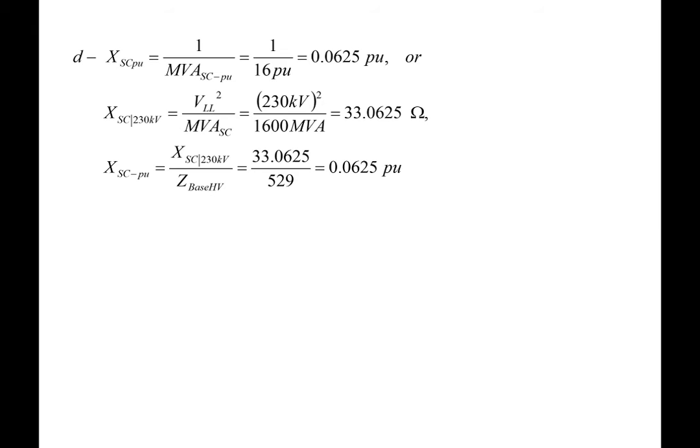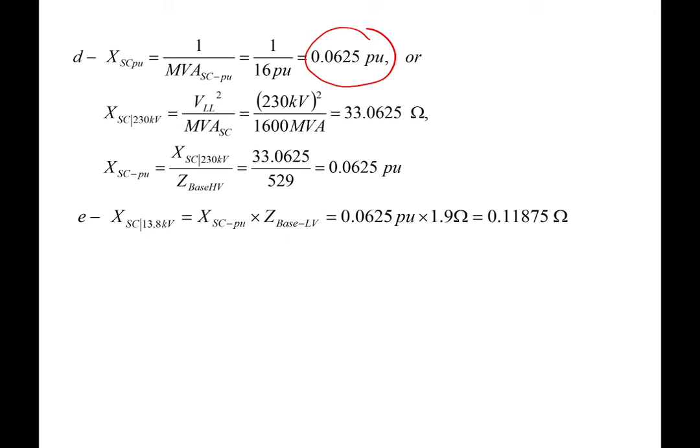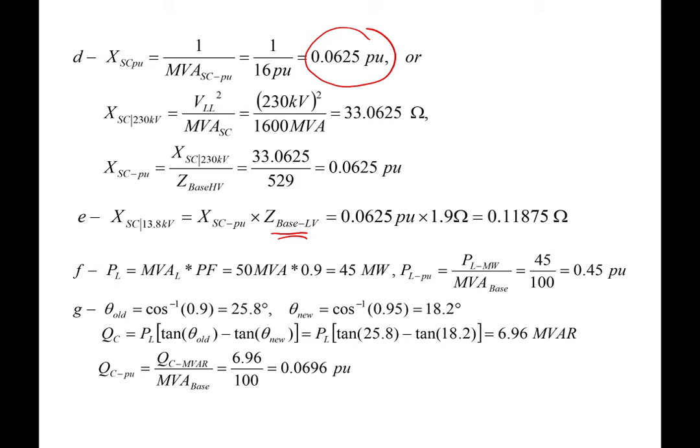Now if we'd like to find the value in ohm, we need to multiply the per unit by Z base. So the per unit, which we have already calculated, multiplied by Z base low will give us X short circuit referred to the low voltage, and if we multiply it by the high voltage base, that will give us X short circuit on the high voltage side.